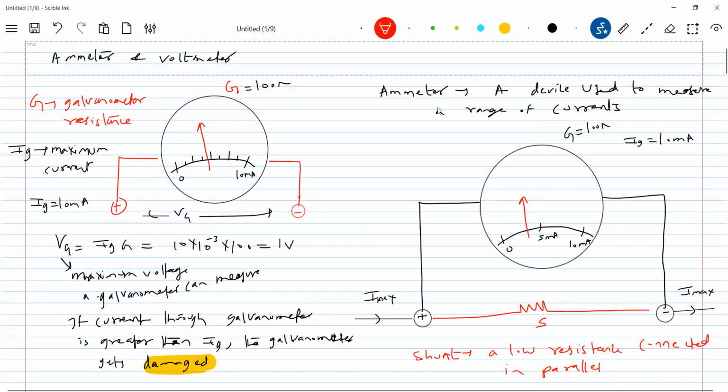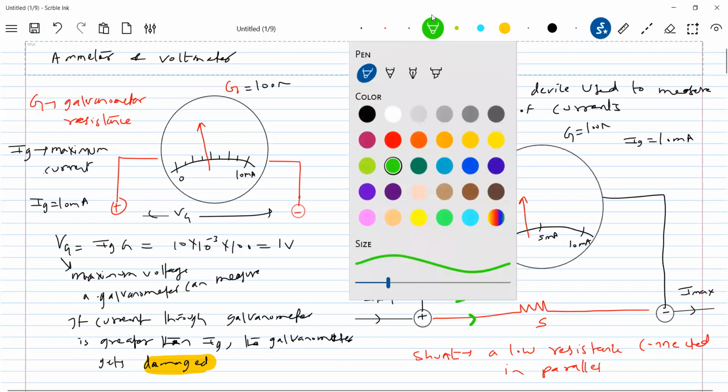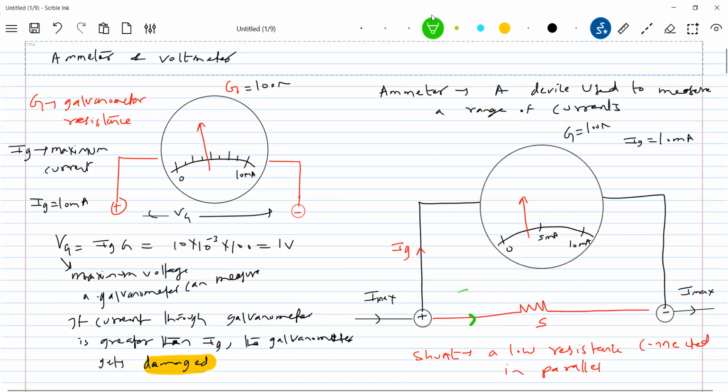There's a convention. Now let the current flowing to the galvanometer be Ig. So what is the remaining current that flows? It will be Imax minus Ig, and the same current Ig will come.